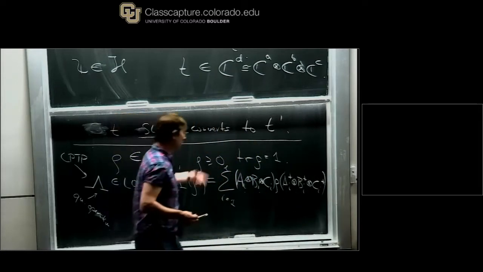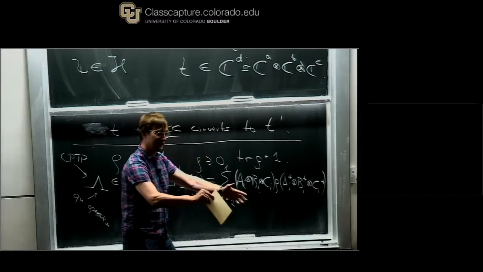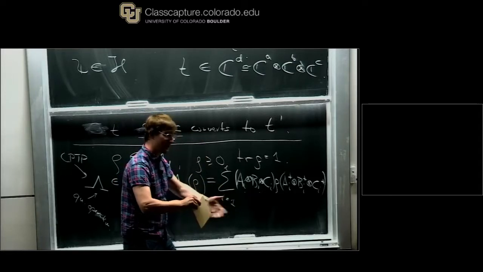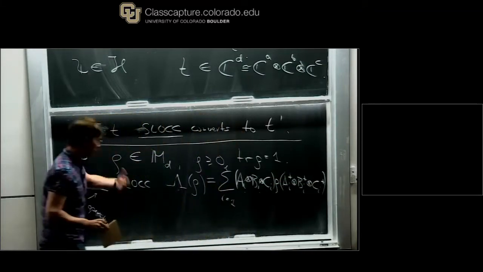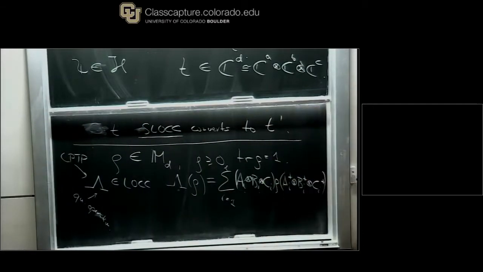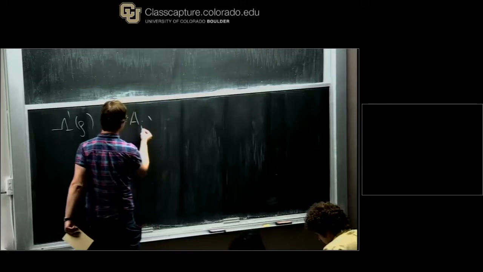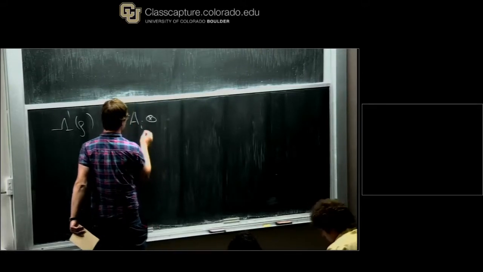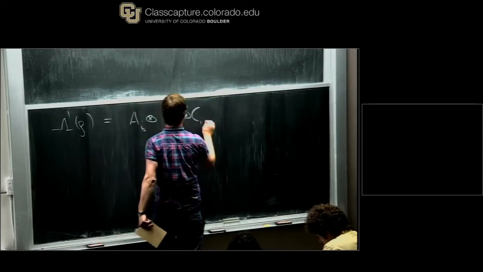Since we don't care about how often we have to run it, it's not a deterministic operation. I may have to run it many times to get there. That's why people call it a stochastic operation: if I press the button until I get it right, I call it a stochastic operation. So basically we could start from rho and make a rho prime out of it, where we chose some i, which I call i0.